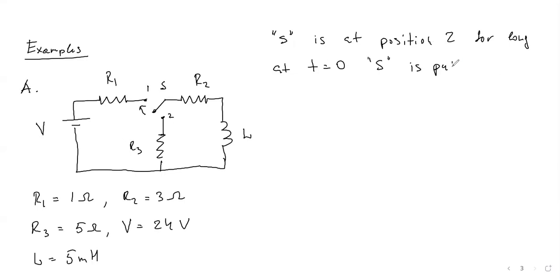Let's put position 1. So then we're going to start the charging process, yeah? And because the switch was at position 2 for a long time, the current was already 0. The current will die. How would you describe current as a function of time for this after time equals 0?